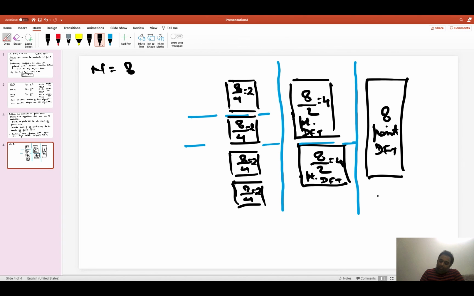Stage 1 you could call it, stage 2 you could call it, and stage 3, because now we get values 2, 2, 2 and 2, we stop. You can see that we can write this 8 as 2 to the power 3, where 2, which is the base, is the radix and 3 is the number of stages. That is basically what I mean by radix and the number of stages.